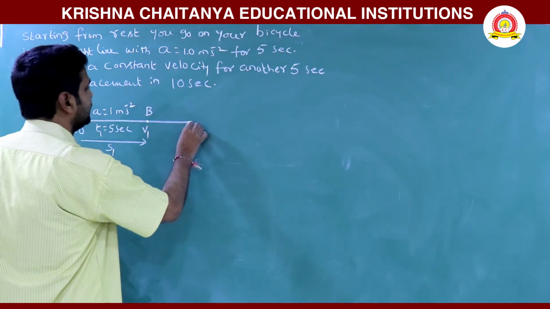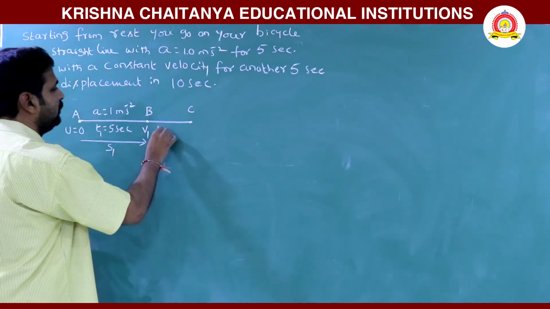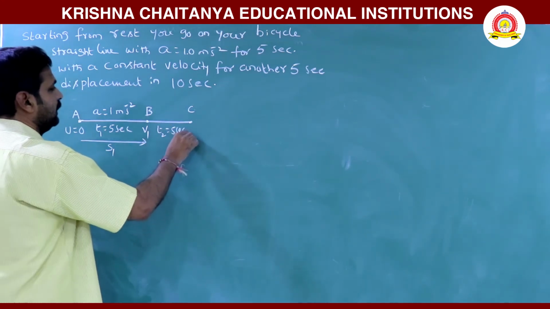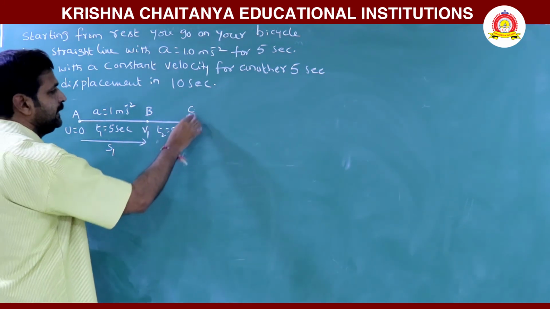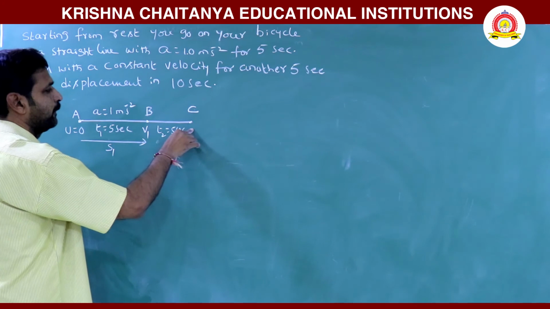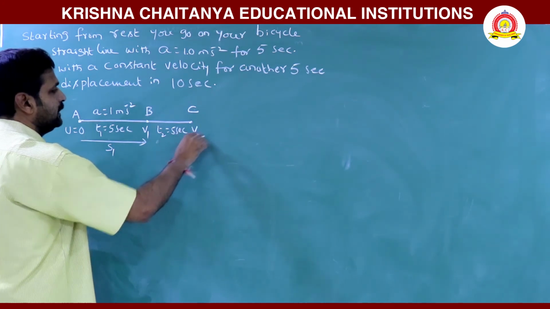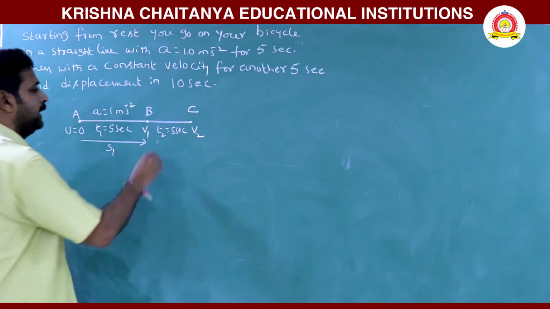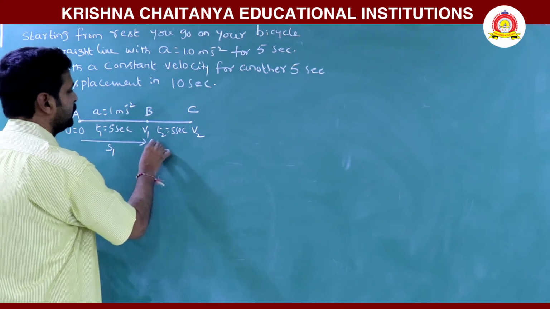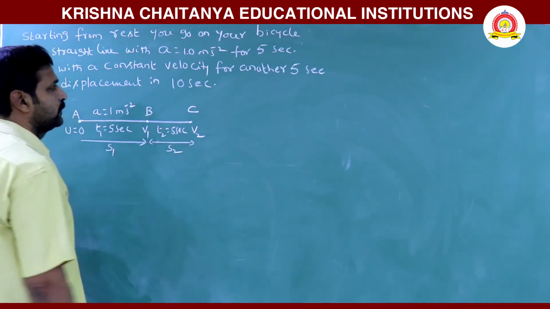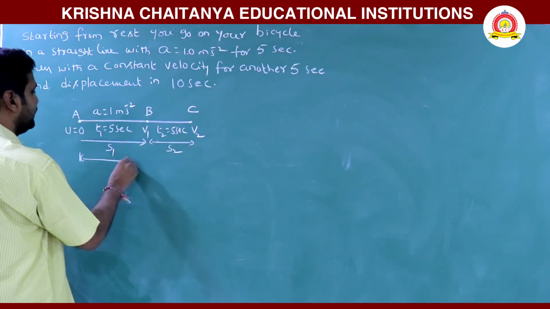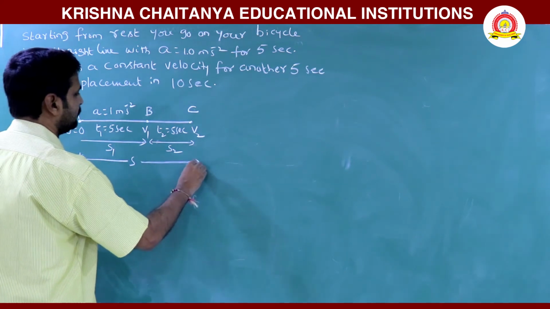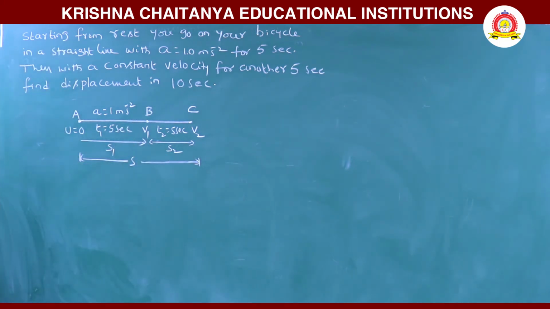After 5 seconds, for one more 5 second interval, let it be t2, you move to C, this is point C. Here the velocity may be some v2 and the distance travelled for this portion is s2. You are asked for this entire 10 seconds, what is the distance? S, which is s1 plus s2. So this is the problem asked.